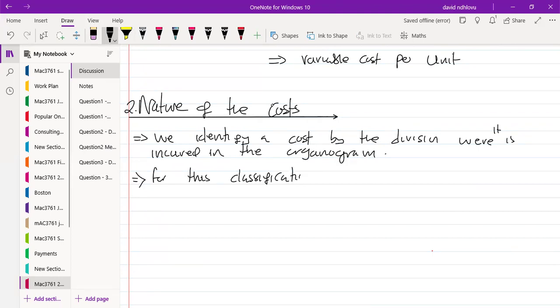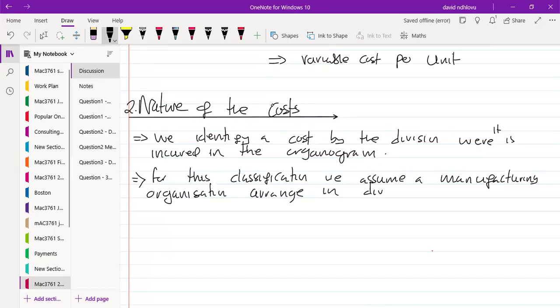for this classification, we assume a manufacturing organization arranged in divisions as our default structure.